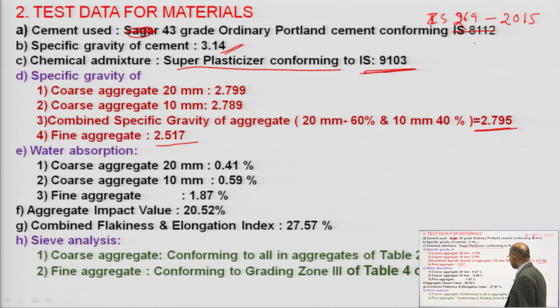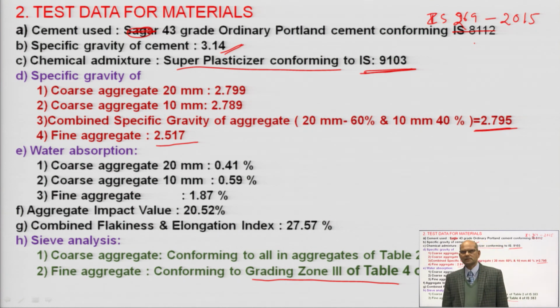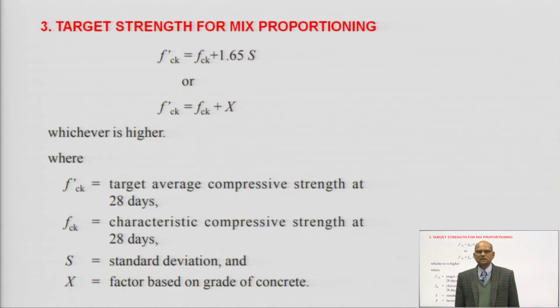And sieve analysis result is coarse aggregate conforming to all-in aggregate of Table 2 of IS 383, and fine aggregate is of grading zone 2. You are supposed to refer to IS 383 and confirm this data, meaning you have to do the practical experimentation, get this data, and then you go for the design. Next step is target strength for mix proportioning.